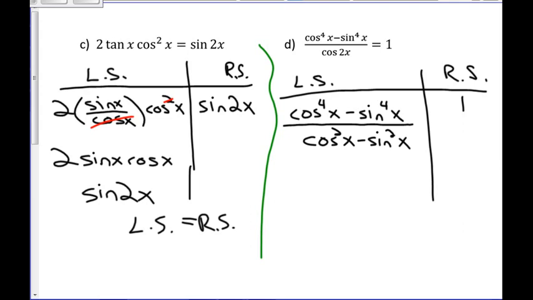You can't just divide these out in pieces. You can't just say cos to the 4 over cos squared is cos squared and sine to the 4 over sine squared is sine squared. What you have to do to reduce a fraction is factor. So up top, we could turn this into cos squared x plus sine squared x. And on the bottom, we had cos squared x minus sine squared x.